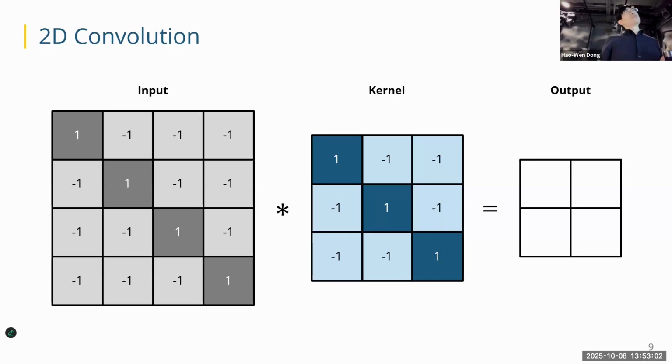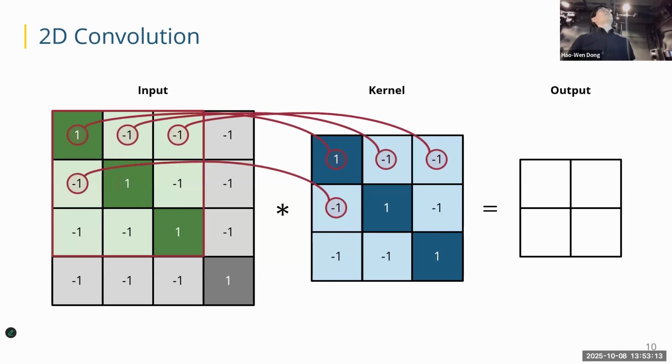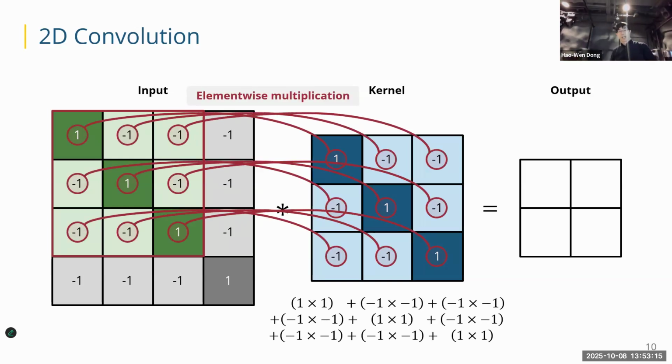Basically you are doing element-wise multiplication, where you have the input and you map your kernel onto it and see the sum of these element-wise multiplications. If you take this kernel onto this input and do the element-wise multiplication, you will see it's a perfect match. Everything multiplies to one and sums up.